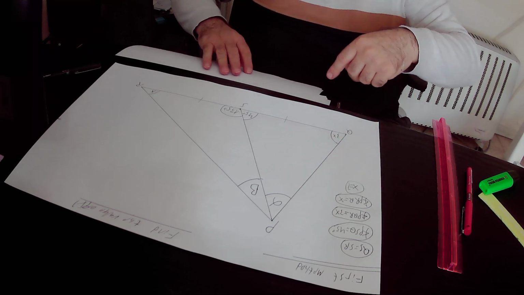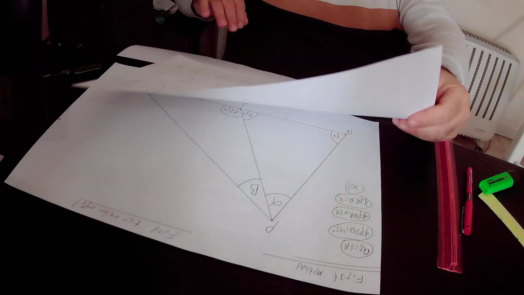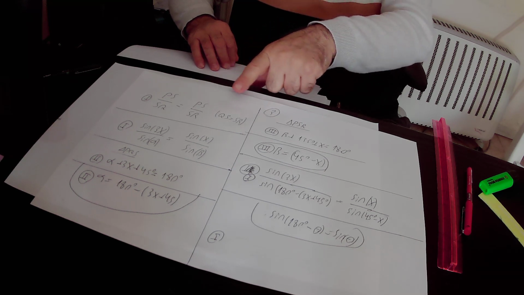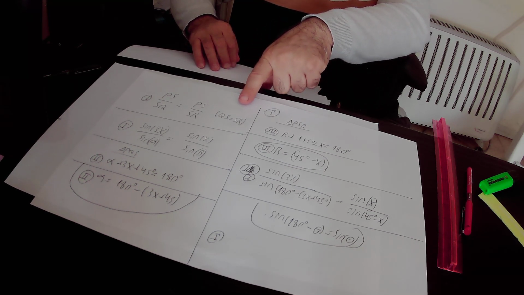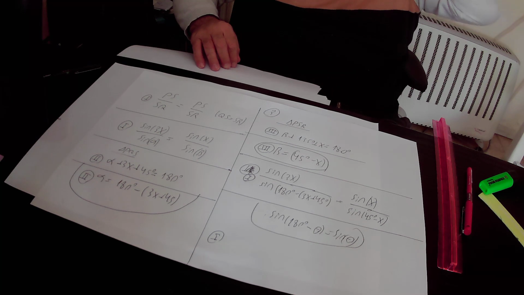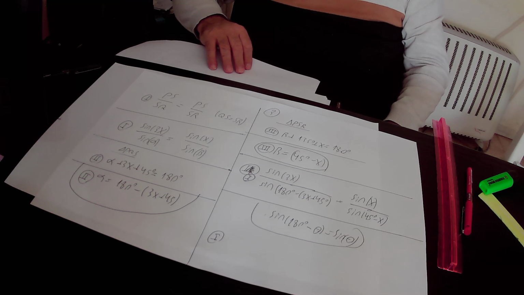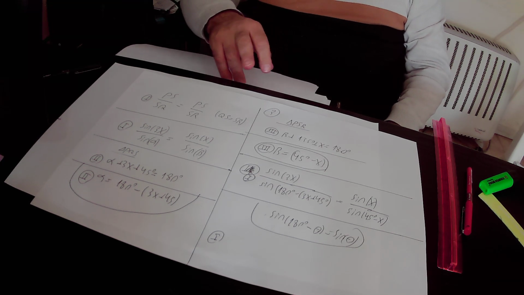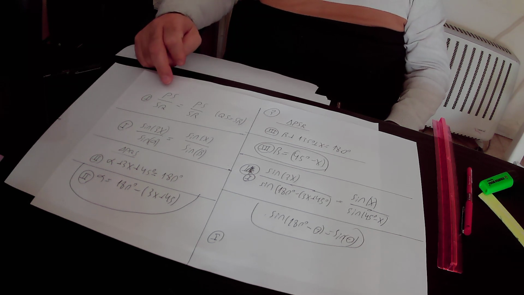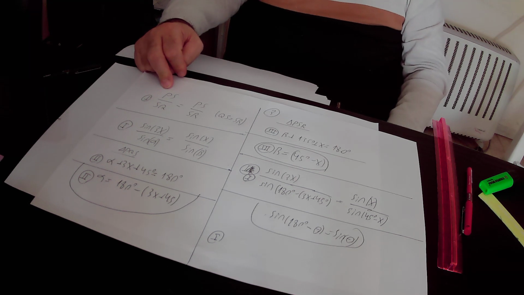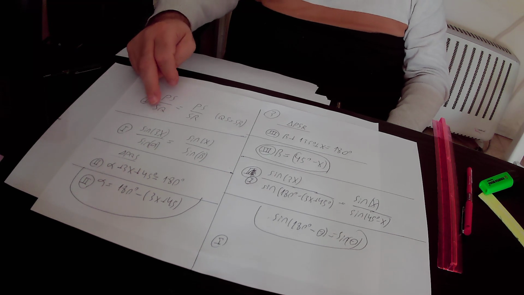Because QS equals SR. Okay, PS over SQ equals PS over SR because of the fact that QS equals SR. But according to the rule that I mentioned 1 minute ago, the ratio between the side lengths of any triangle equals the ratio between the opposite angles.